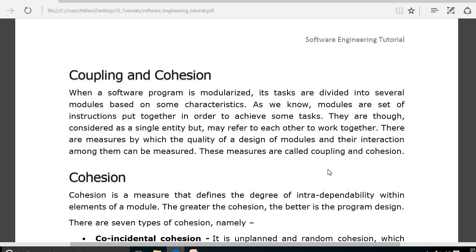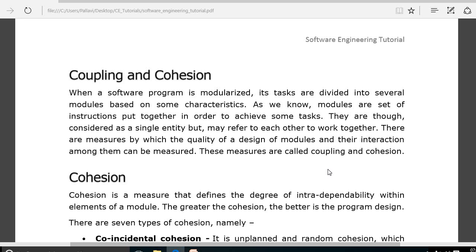When a software program is modularized, tasks are divided into several modules based on some characteristics. As we know, modules are sets of instructions put together in order to achieve some task. They are considered as a single entity but may refer to each other to work together.